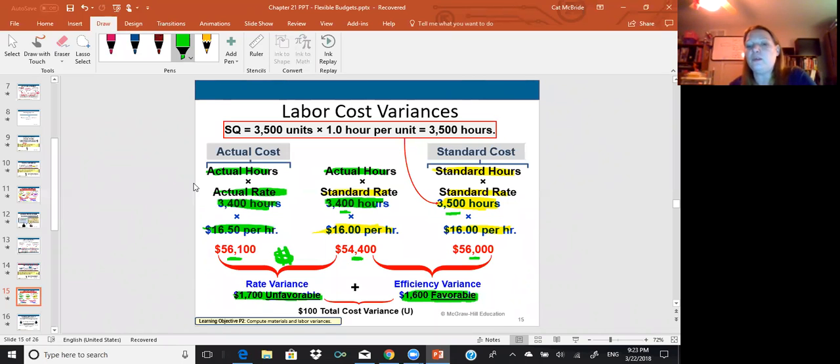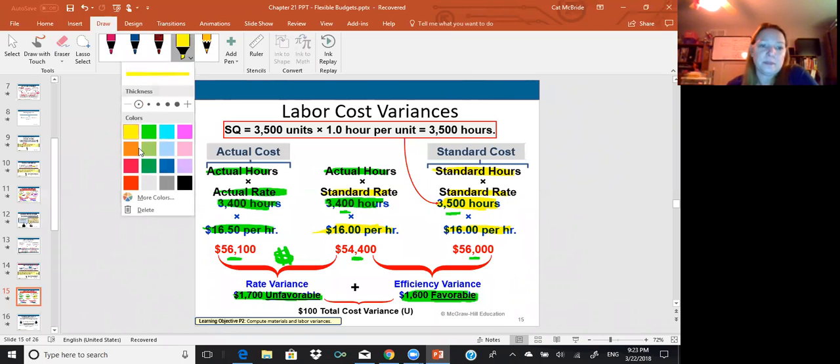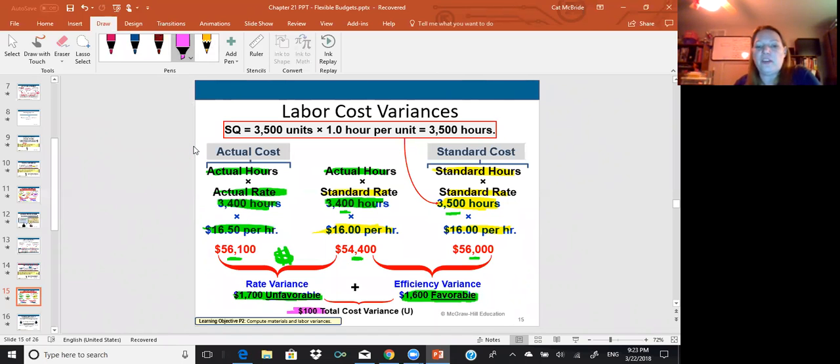Now, this is a really good example because if I was looking at the financial statements, the first thing I would see before I started doing any analysis at all was that my labor was $100 higher than I planned for it to be.